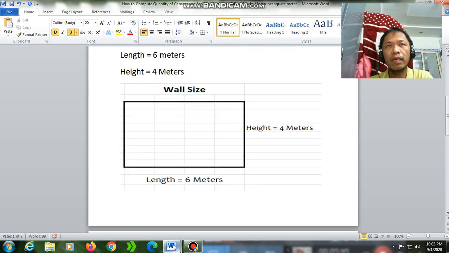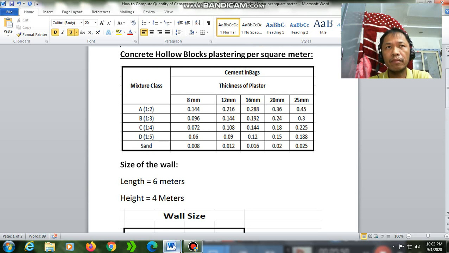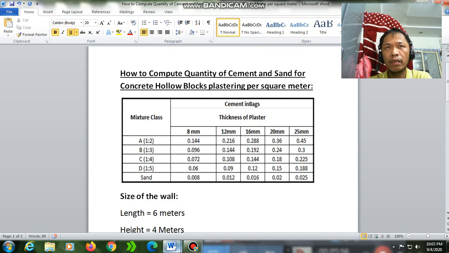So we're going back to the table. This is the table for computing how much the quantity of sand and cement required for concrete hollow blocks plastering.